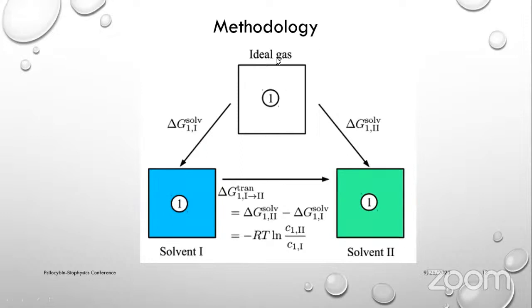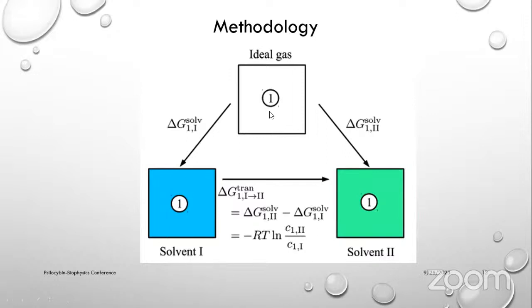This approach looks at the drug in the ideal gas, and the Gibbs-free energy of transfer from the ideal gas to the solvent. If I explain this figure, we have solvent 1 and solvent 2.